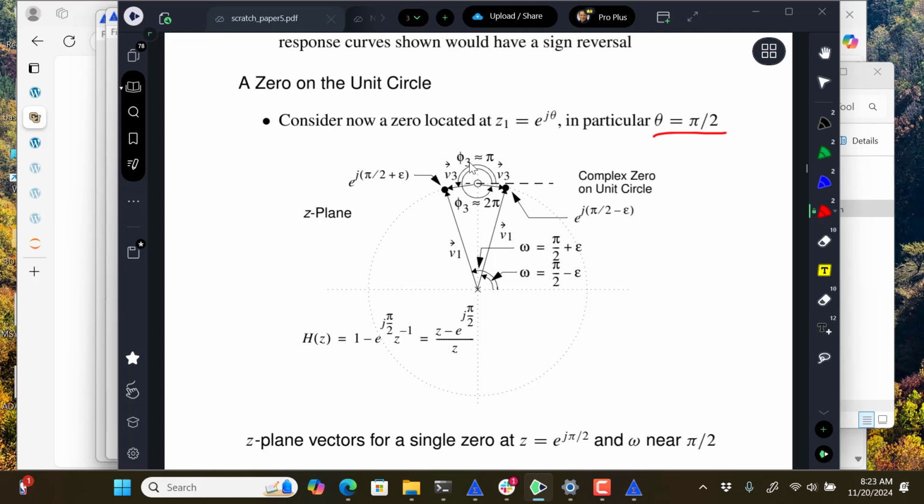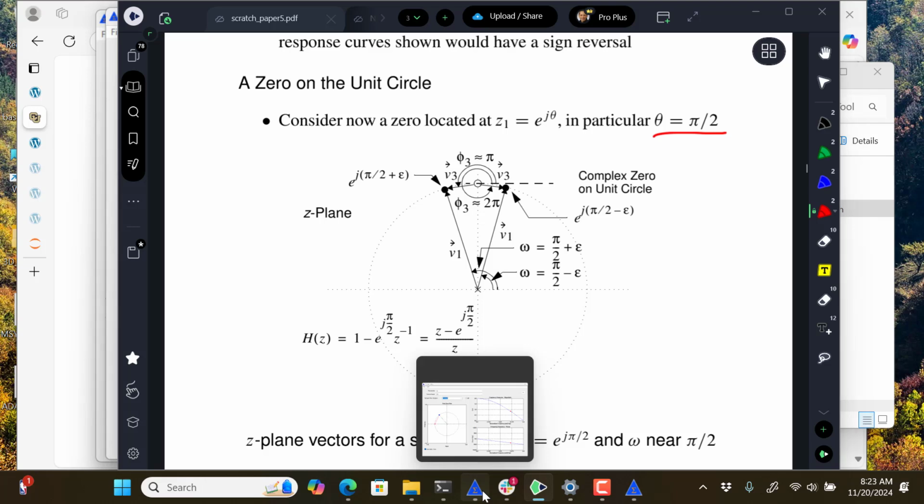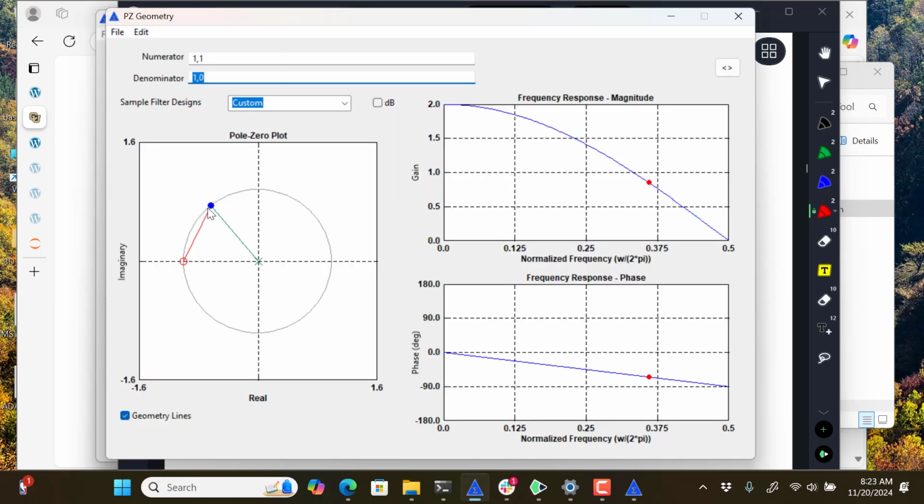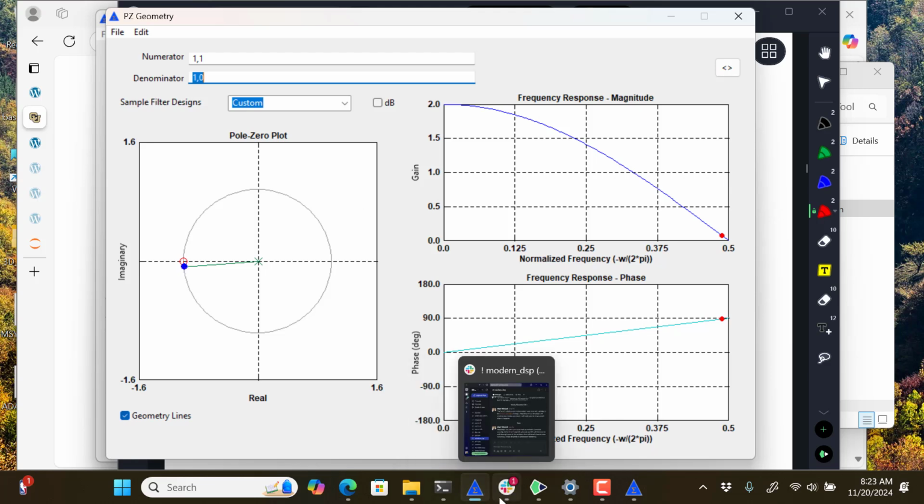So that's the pi jump, and sure enough, that's what this software showed you, right? As I was here, the angle was about minus 90, and then it jumps up by plus 90. So it jumps by pi when you pass the 0 in that location.